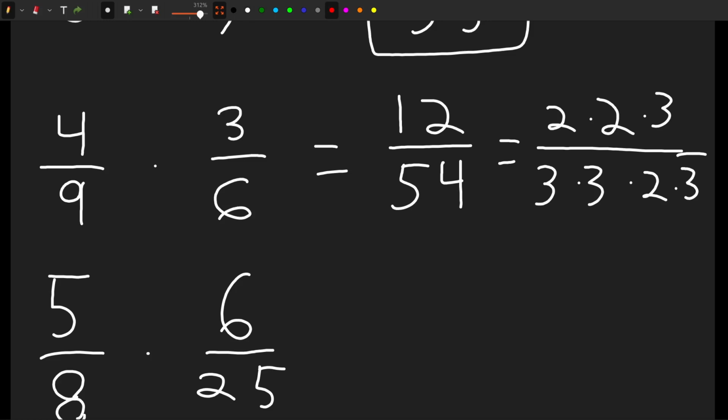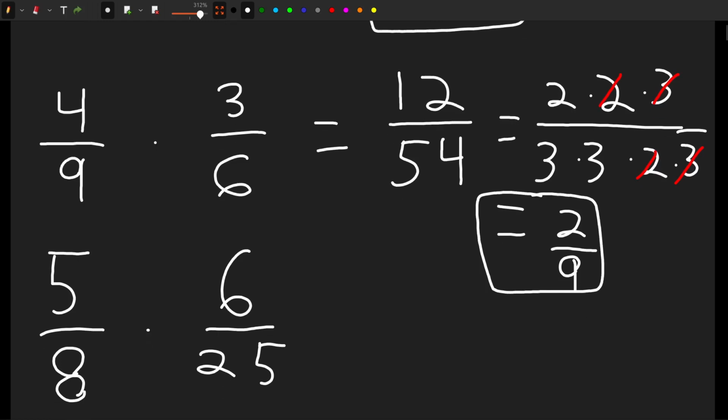And now we're going to simplify. There's one 3 on top, one 3 on bottom, one 2 on top, one 2 on the bottom. And then we're going to be left with 2/3 times 3. And why am I writing in red? Should not be writing in red for this. We're going to be left with 2/9 as our answer.